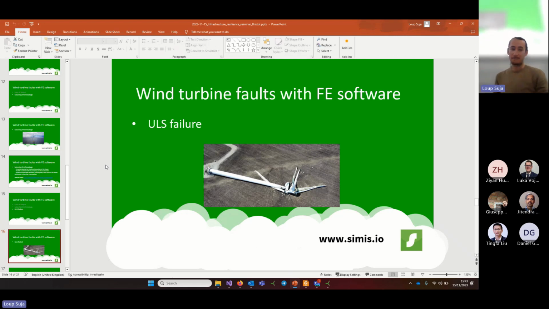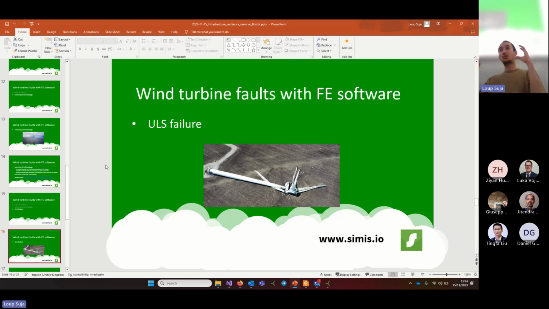Okay. So when I was talking about doing this seminar, someone told me there's this picture of a wind turbine that broke, probably because of a storm or something, and it was this picture, and that is the misconception. The maximum loads on the tower, the maximum stresses, don't occur in the storm.